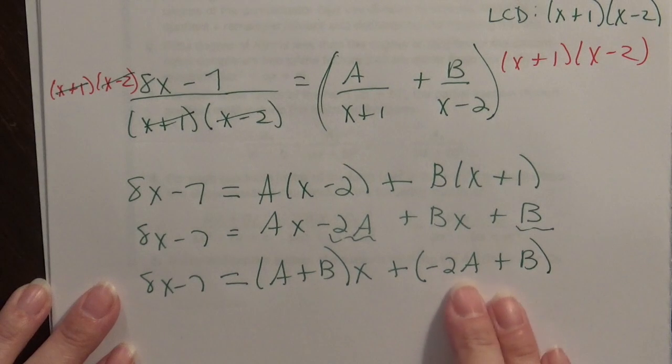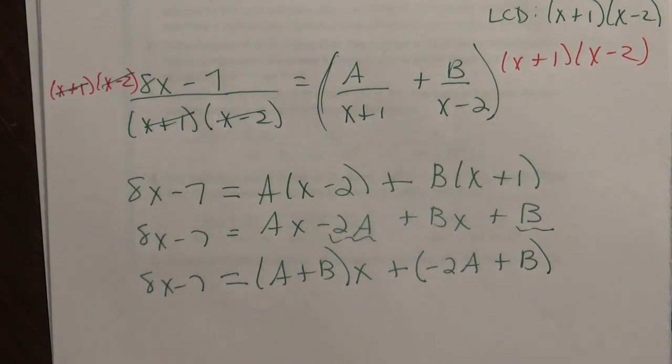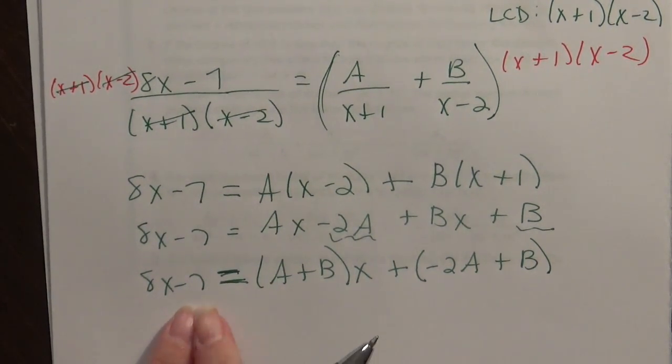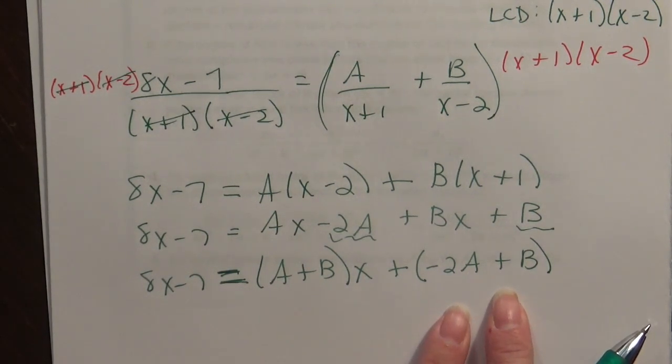Now, if we look at the right side compared to the left side, we know that the left side and the right side are equal to each other. Since they're equal to each other, the coefficient on x on the left side has to be equal to the coefficient of x on the right side of the equation. And the constant on the left side of the equation has to be equal to the constant on the right side of the equation.